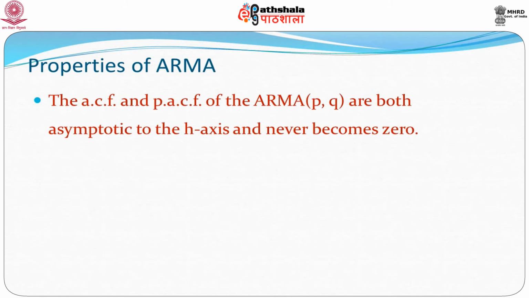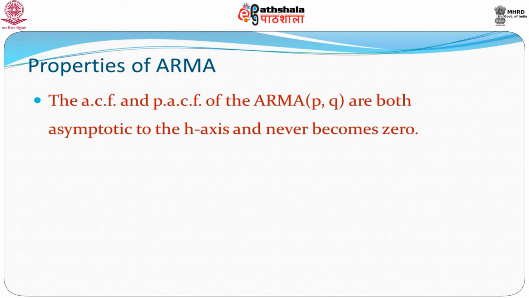Now, generalizing this for an ARMA process, the ACF and the PACF are both asymptotic to the h axis and never become 0. So, it borrows from both the AR and the MA. Remember that for the MA, the ACF was equal to 0 beyond q, but the PACF was not equal to 0 anywhere, so it was asymptotic to the h axis.